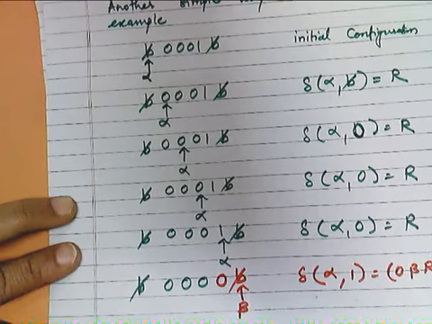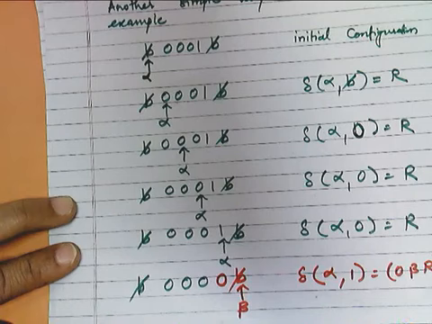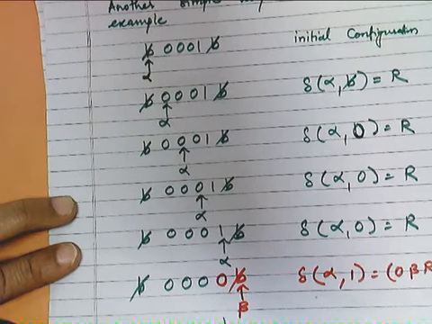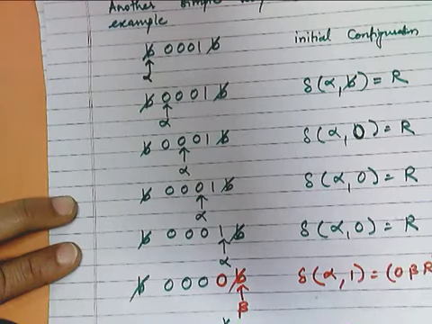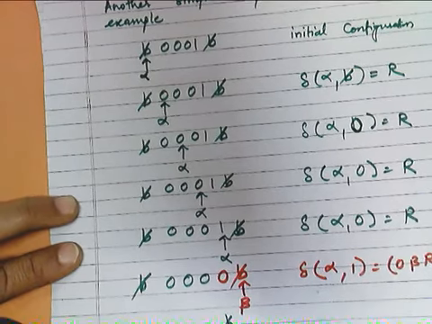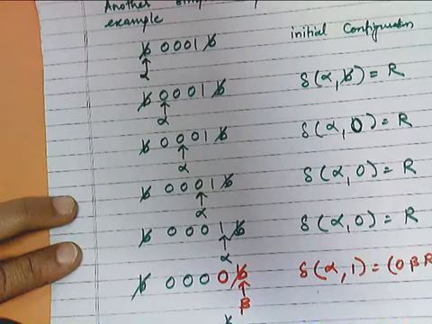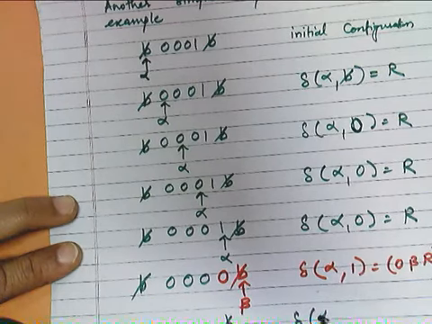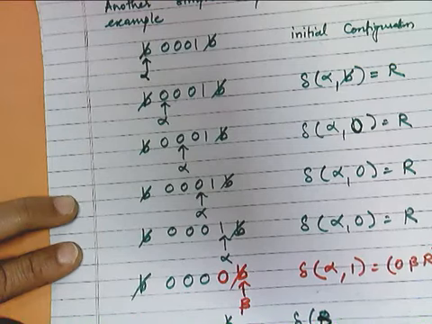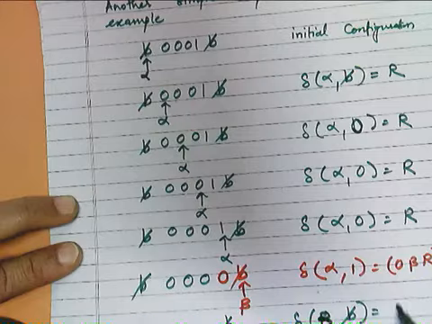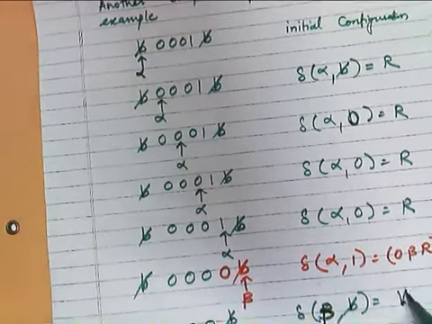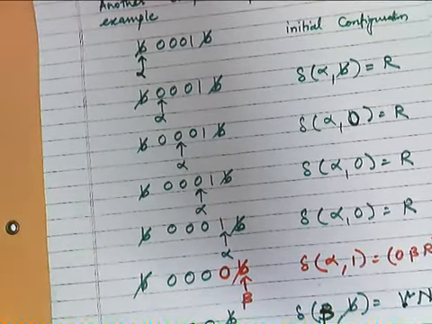Next blank 0 0 0 0, and now what is happening? We are having blank. So now here it will become the state gamma. Why will it become state gamma and no movement? Because we have delta beta comma blank equal to gamma n, right?